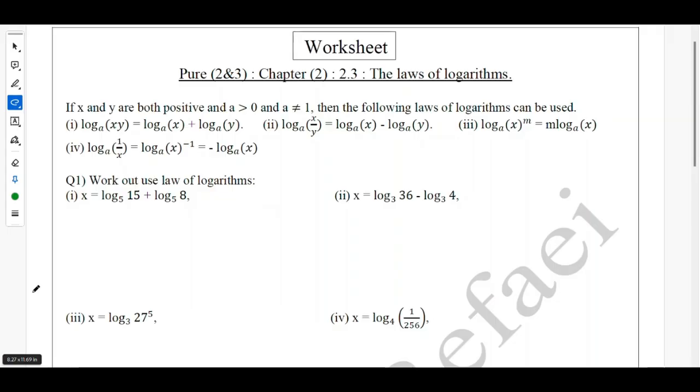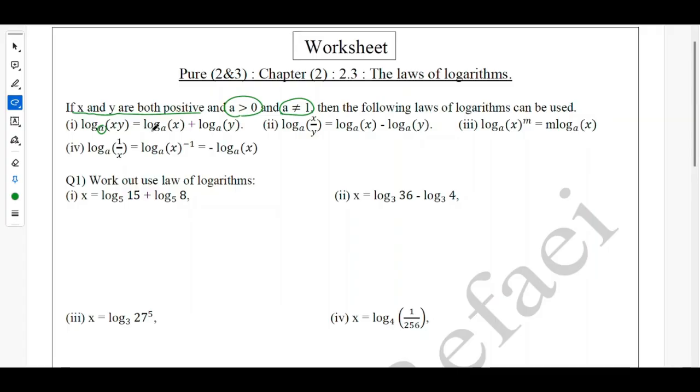Okay, if x and y are both positive and a is more than 0 and at the same time doesn't equal 1, a is the base, then the following laws of logarithms can be used. The first rule: when I have x and y and the relationship between them is multiplication, I want to split them.